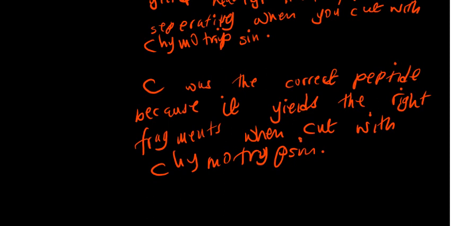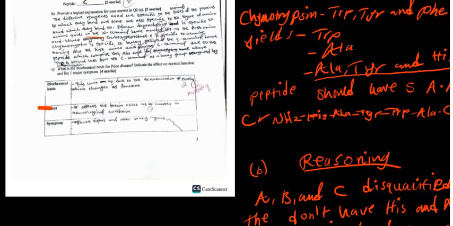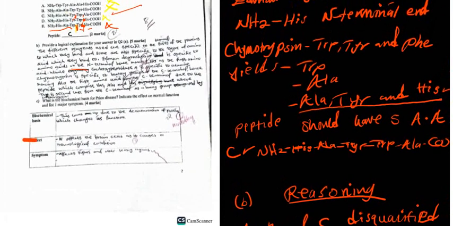So let's go now to question C, which says, what is the biochemical basis for prion disease?